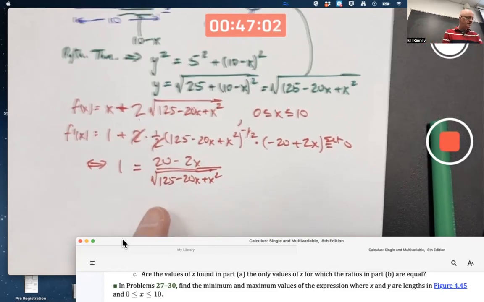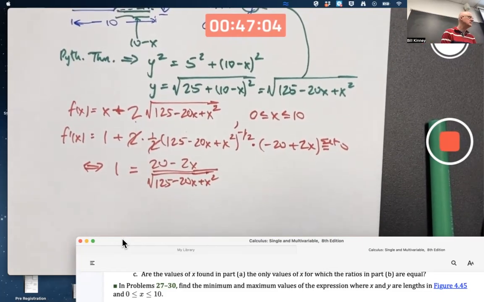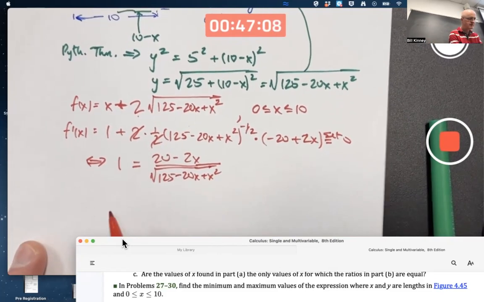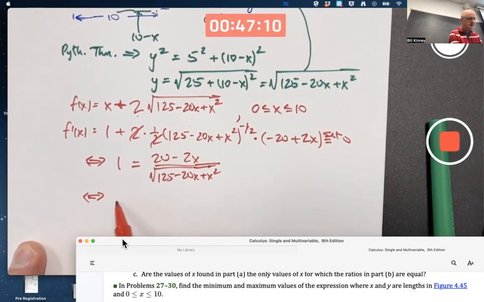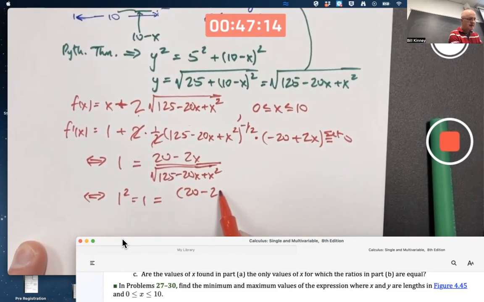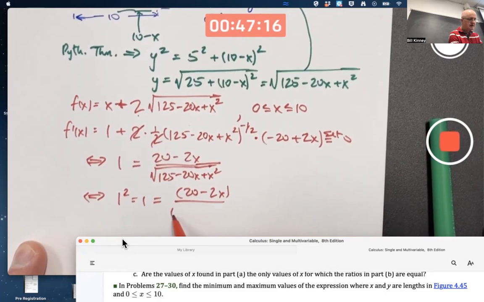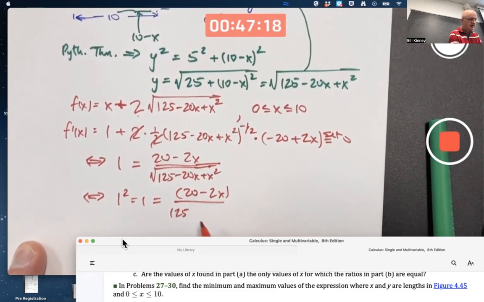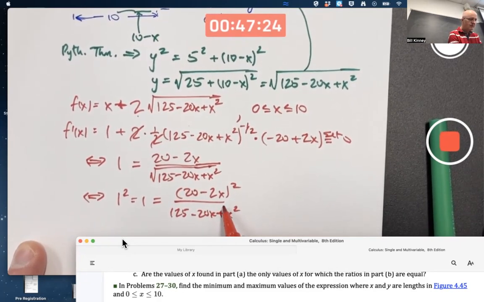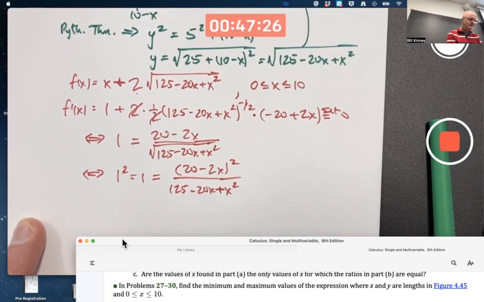If this fraction equals 1, it means the top and the bottom have to be equal. You can cross multiply. You can also square first to get rid of the square root. 1 squared is 1. This needs to be squared, like that.